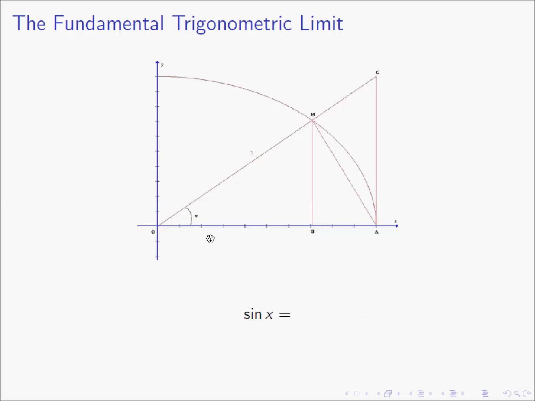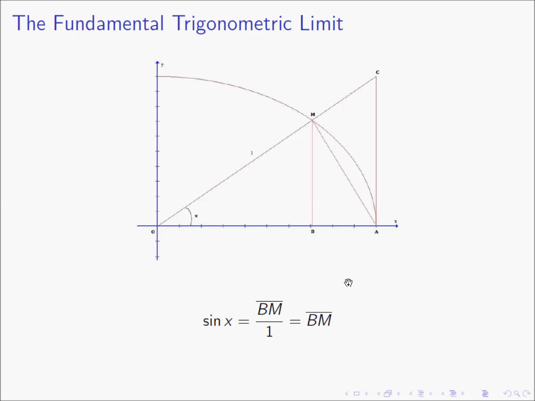To do that we're going to calculate the sine of x, the sine of this angle here. Sine of x is this side over this side. We have that sine of x is Bm, this side over this side, but this side is the radius of the circle, so it equals 1. And we have the sine of x equals Bm.